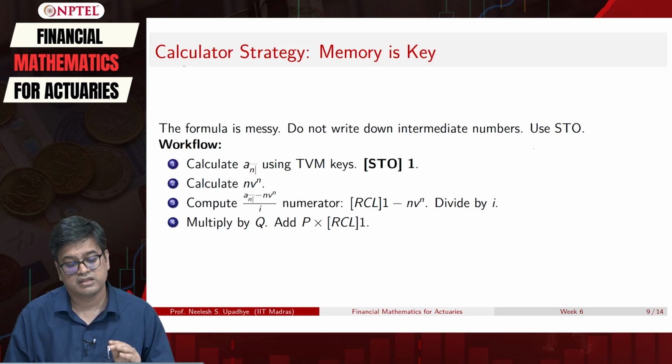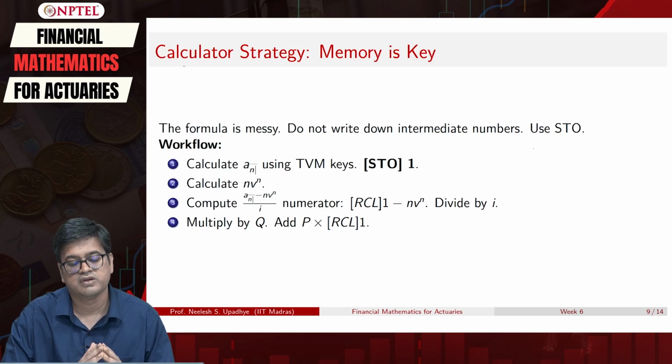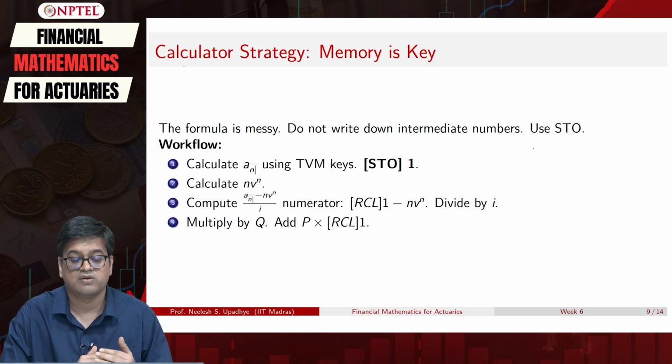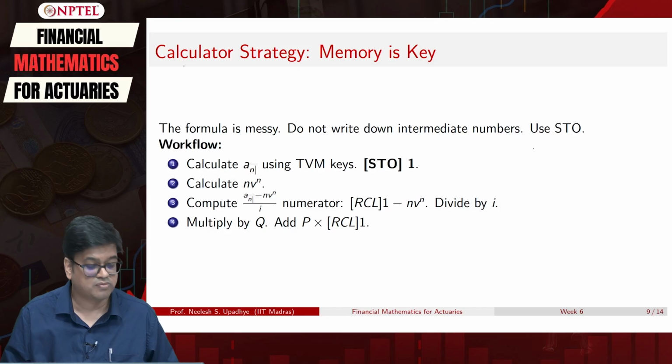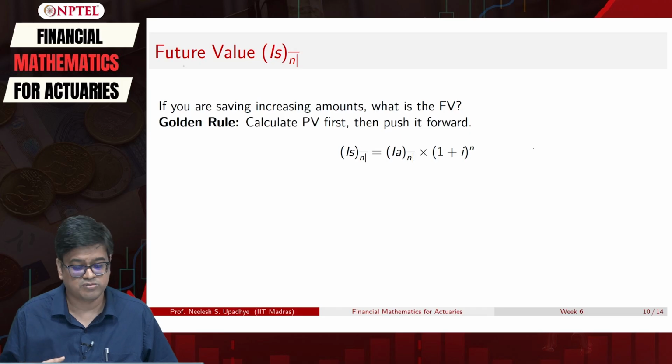Okay. Now we have understood how to calculate the present value. The next question can be how to calculate the future value, or what are the implications in future. So for that let us look at that formula.